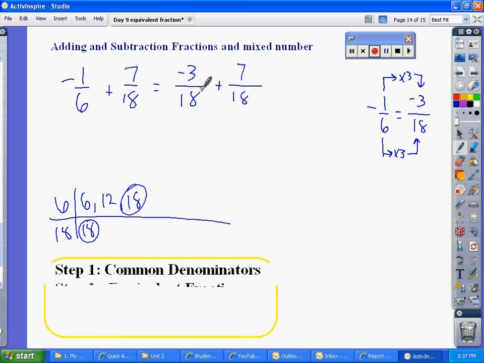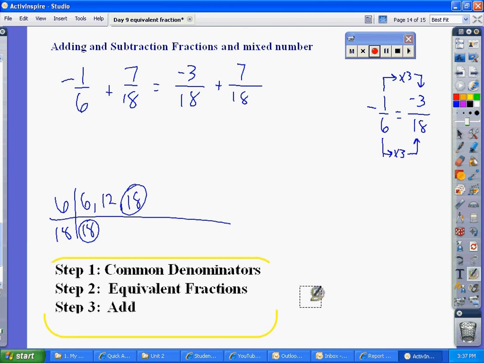Okay, so we found our equivalent fractions and common denominators. Our next step would be to add. What we have up top is -3 plus 7 over 18, and if we add those together, we get 4 over 18.